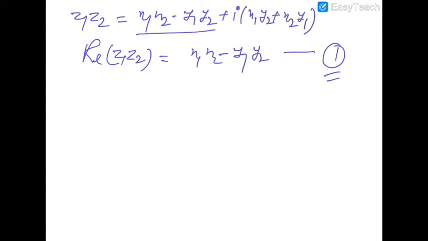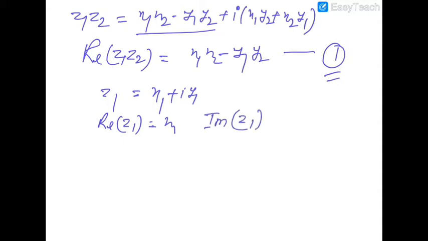Because z1 is equal to x1 plus iy1, we can say real part of z1 is x1 and imaginary part of z1 is y1.